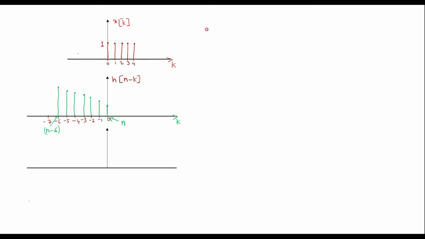Now we'll consider case 5. That is when the interval, that is n minus 6, is greater than 4. So here we can observe that, as I said, this is the head end of h of n minus k, and n minus 6 is the tail end of h of n minus k.